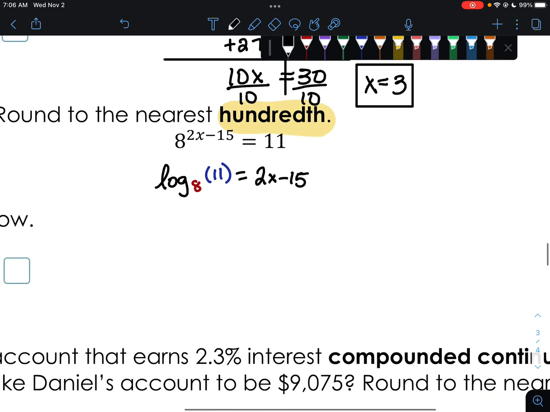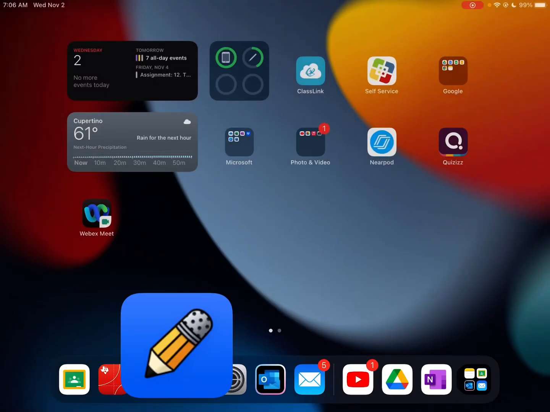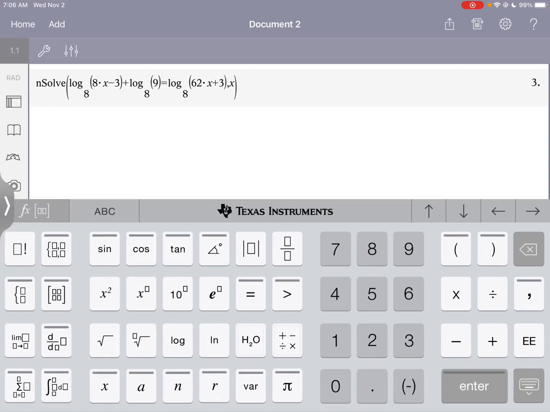Okay, so in our calculator, we're going to type in log base 8 of 11. Log base 8 of 11. And that gives us 1.15314.